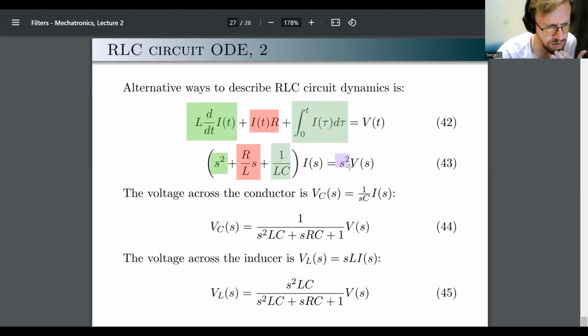Sorry, you multiply by S squared? Let me just double check.